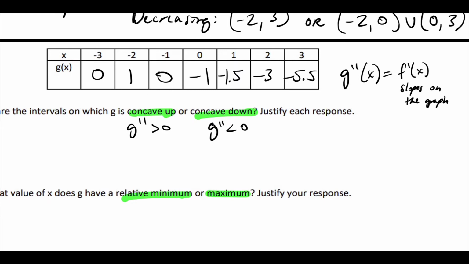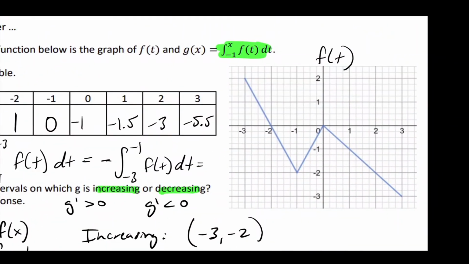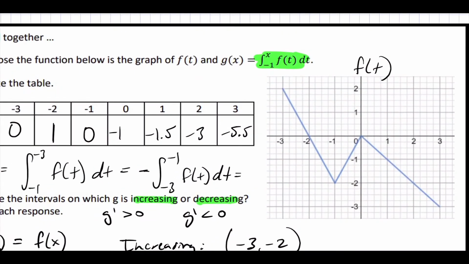A negative slope is going to be concave down. Okay? So I'm going to look at the graph where it's got a positive slope and where it's got a negative slope. So positive slope is right here. Everywhere else is a negative slope.